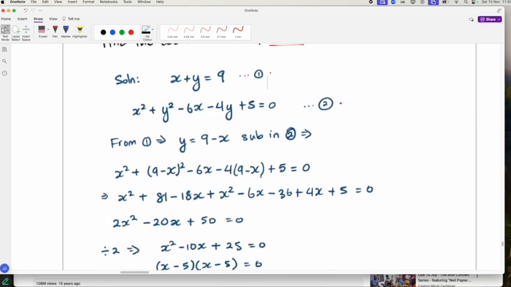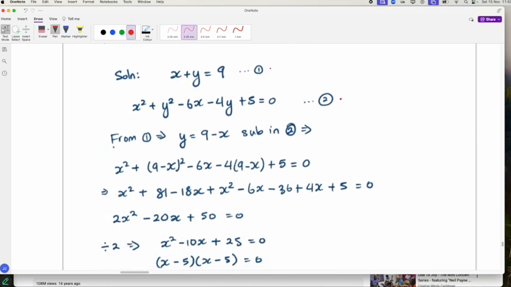And of course, from equation 1, I am getting y = 9 - x, and I'm going to sub that into equation 2. So I have x² + y², y being 9 - x. So x² + (9 - x)² - 6x - 4(9 - x) + 5 = 0.